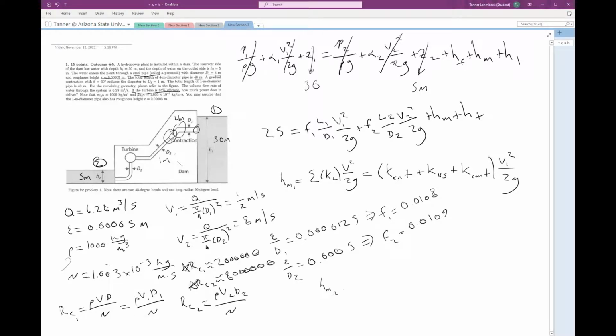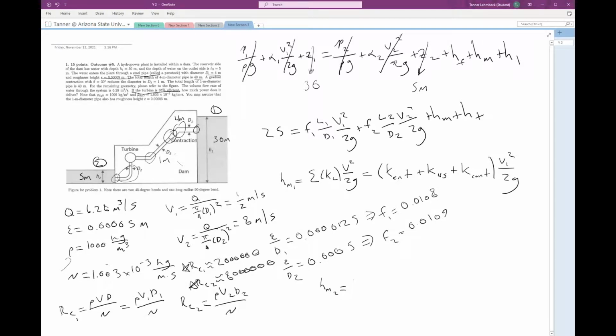Minor loss in the second section of the pipe, we're going to do the same deal. In the second section of the pipe, I see I have a 45-degree bend, this long radius 90-degree bend, and then I have this sudden expansion.